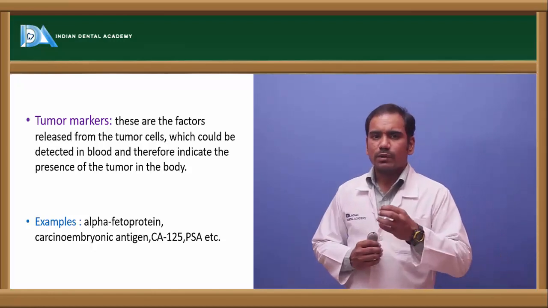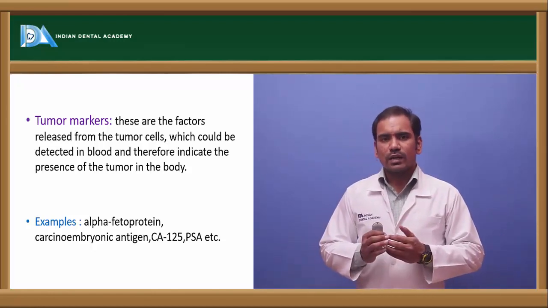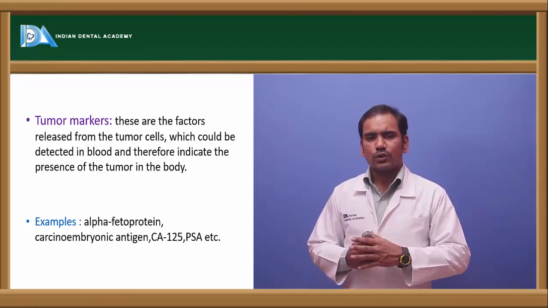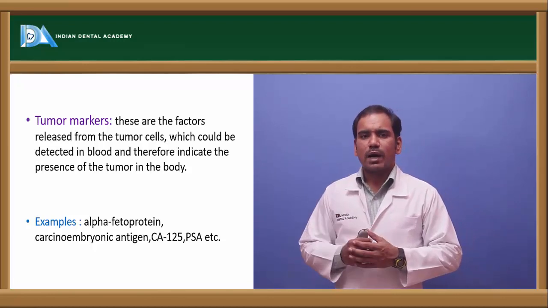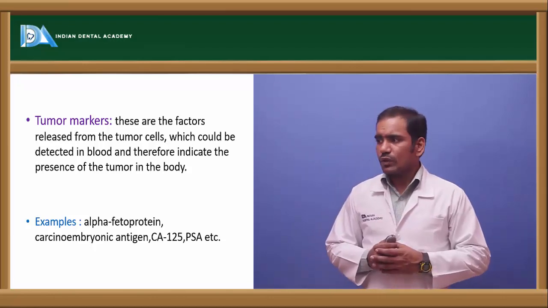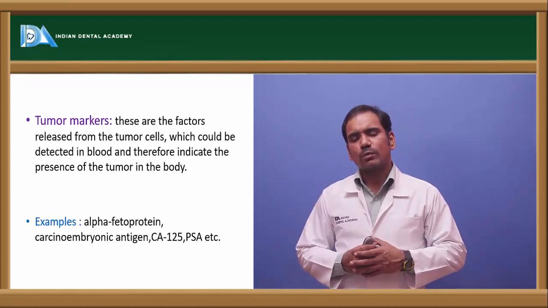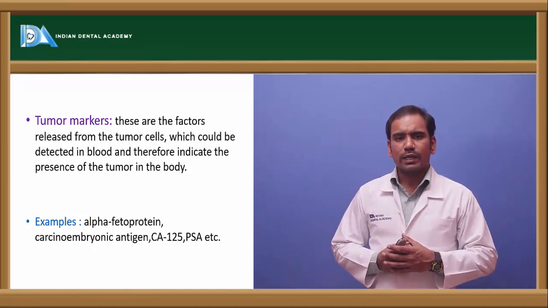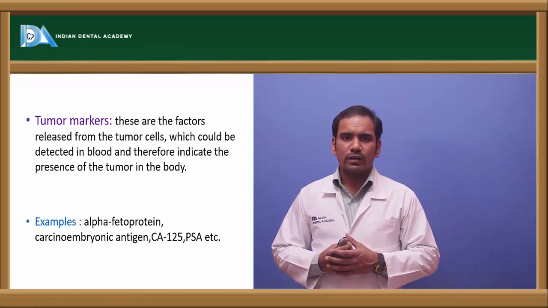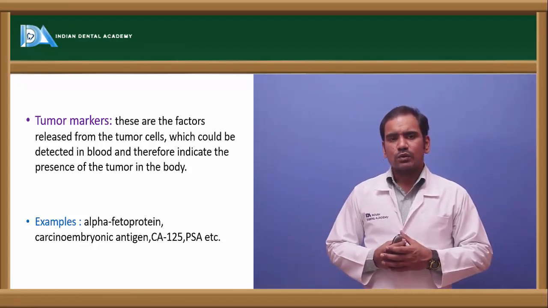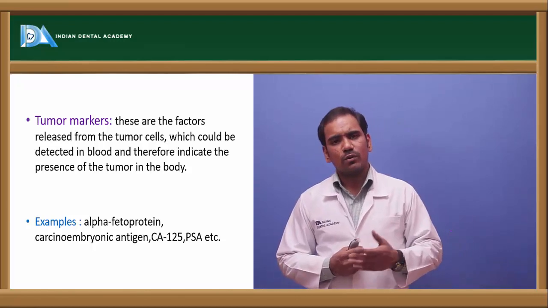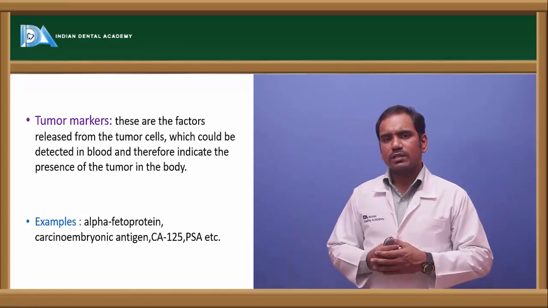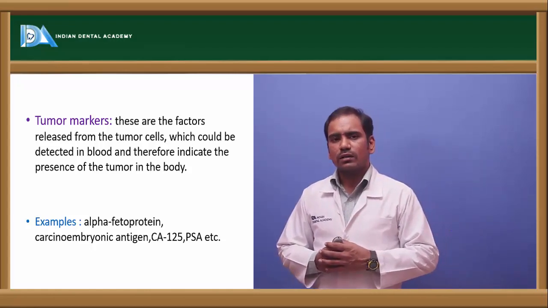Important examples are alpha-fetoprotein, carcinoembryonic antigen, CA125 and prostate-specific antigen. These tumor markers may be enzymes, hormones, proteins or growth factors. They have different chemical bases, but when present in blood, they indicate the presence of a particular tumor.